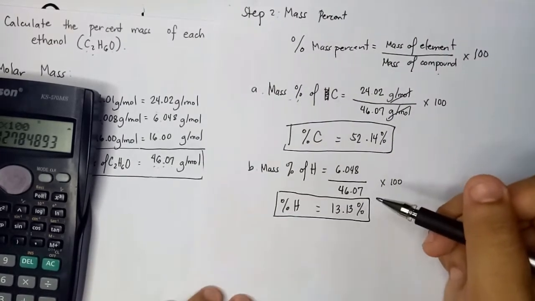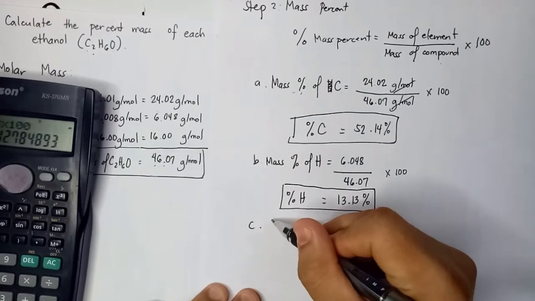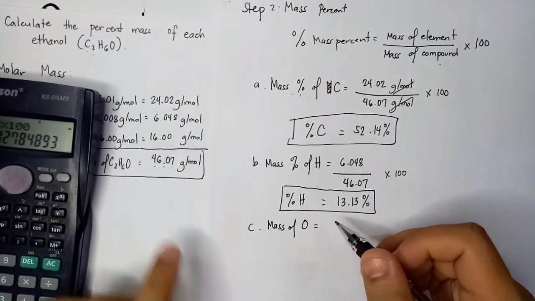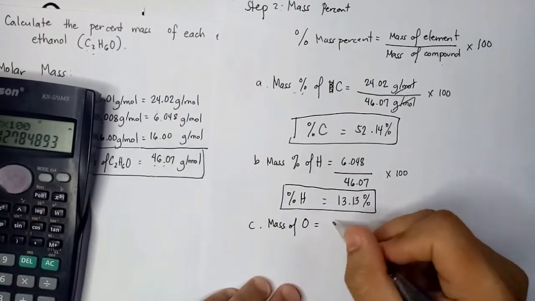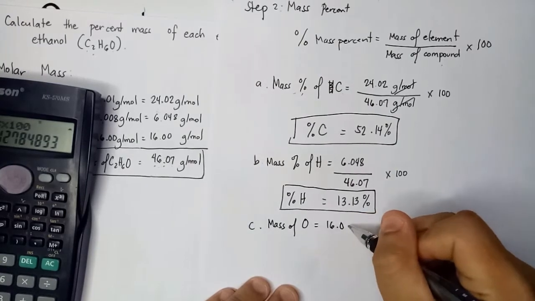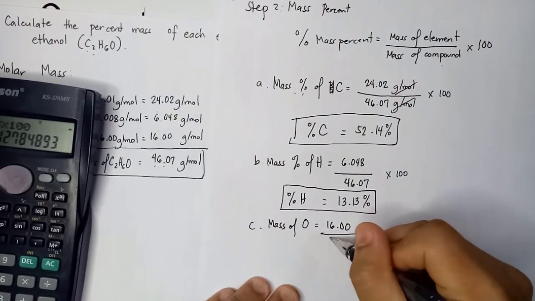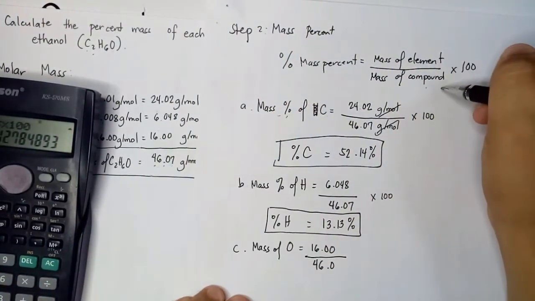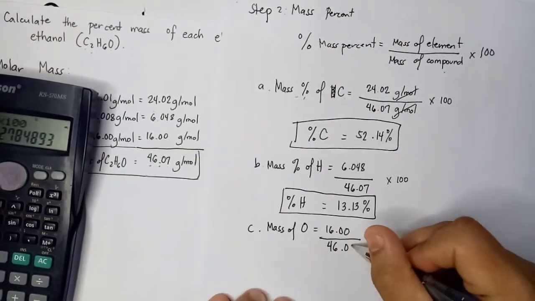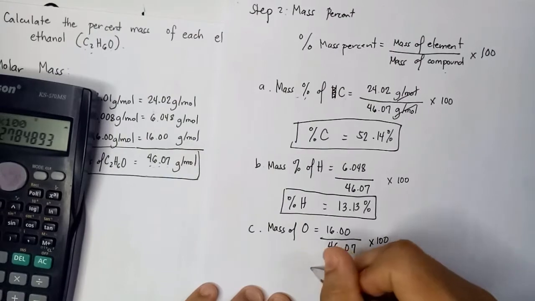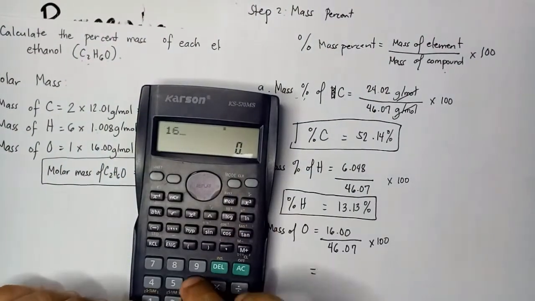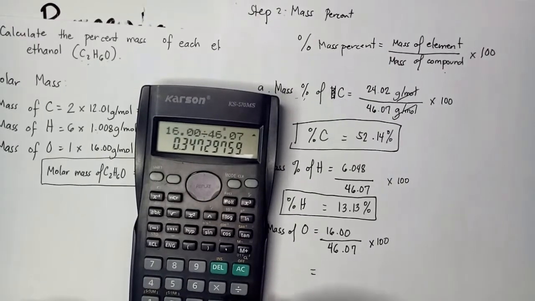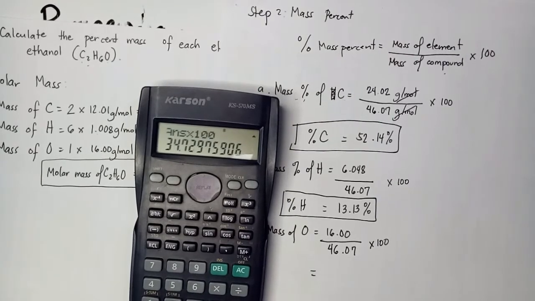And now to calculate naman the mass percent ng oxygen. Anong kanyang mass of element? 16.00 divided by 46.07, dito pa din, kasi ito parts divided by whole, times 100 to get the percentage.